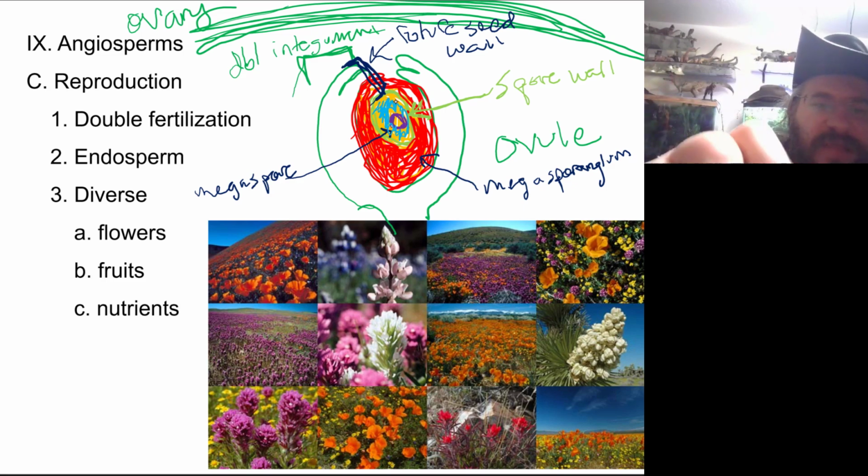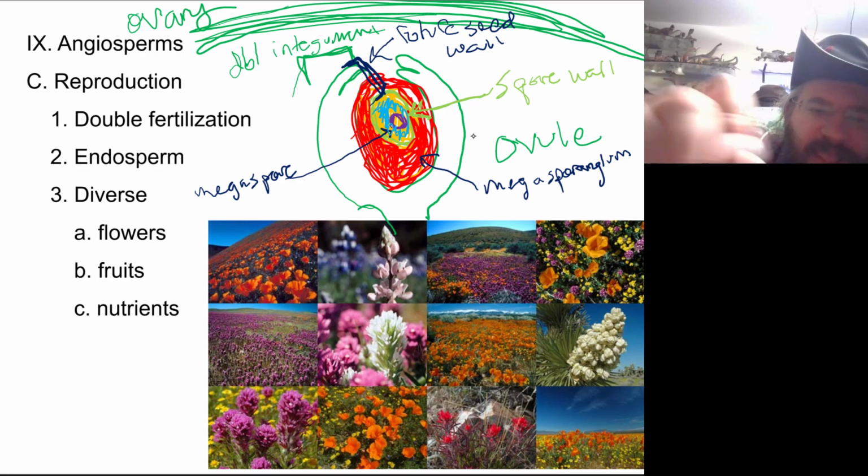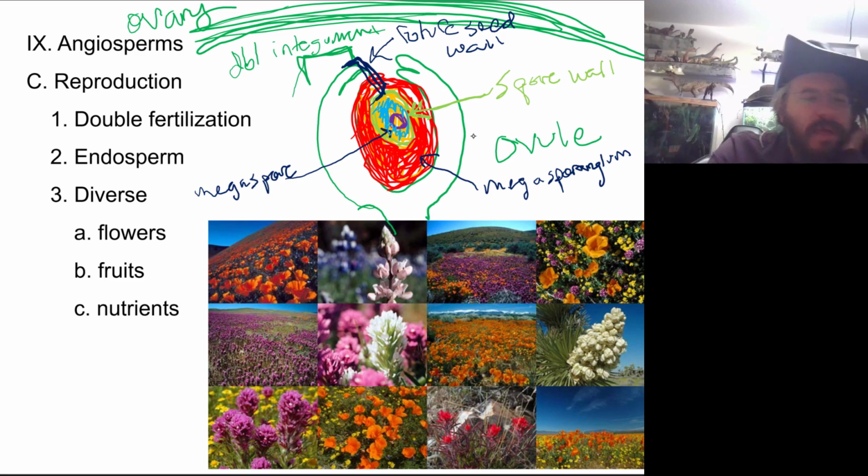And interestingly enough, this tissue surrounding the egg, the spore and gametophyte tissue, is what we call binucleate tissue.